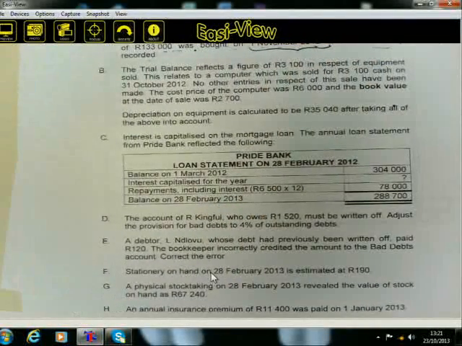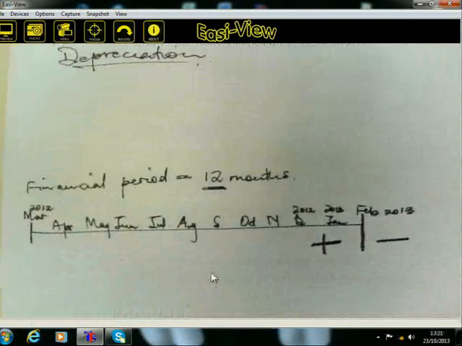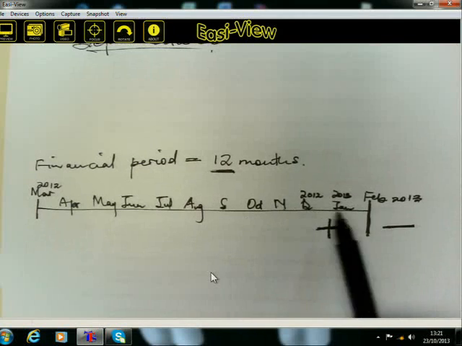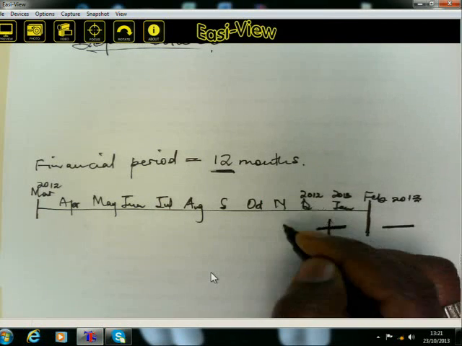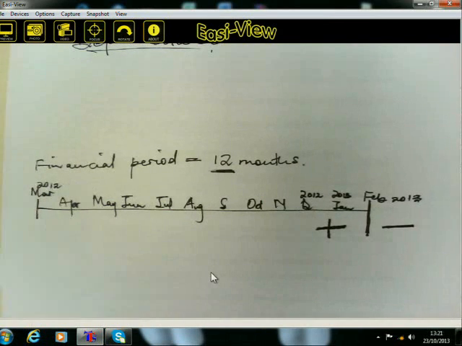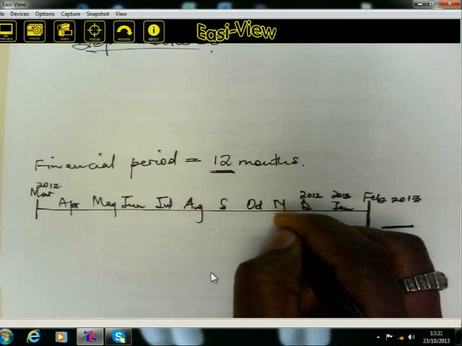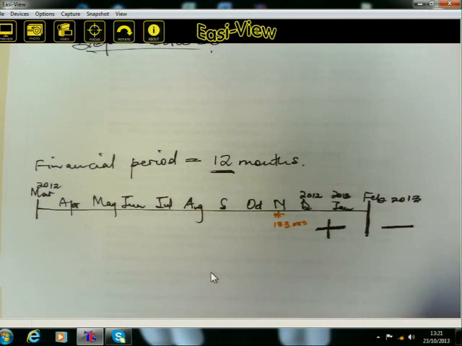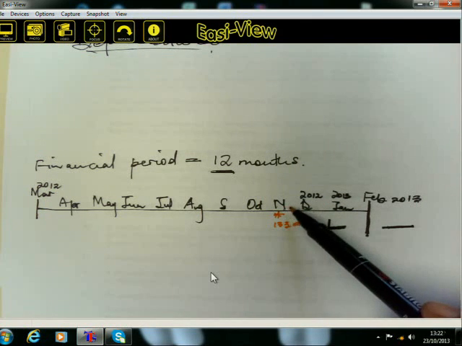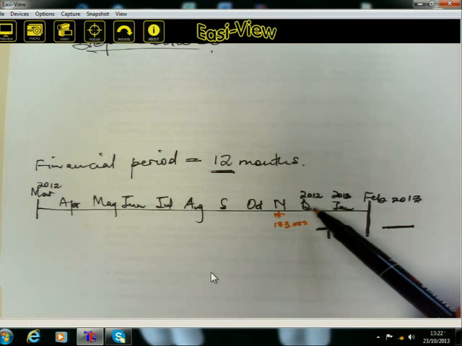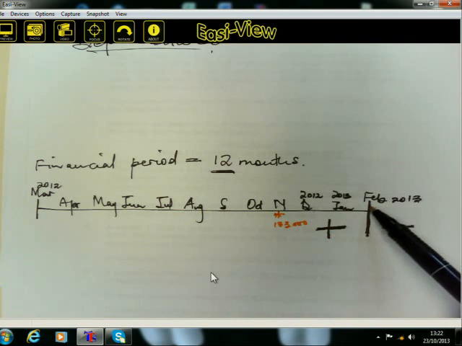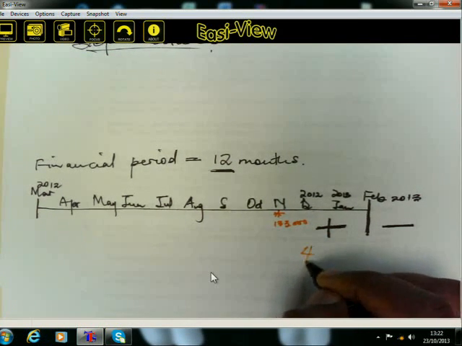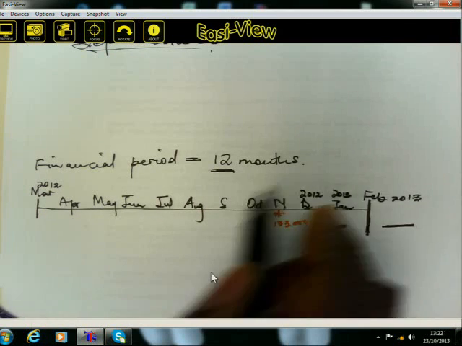Then let us look at our timeline. Our financial period ends here. It says on the 1st of November, we purchased a new vehicle for 133,000. For how many months have we used this vehicle? It's for November, December, January, and February, which is 4 months out of the 12.